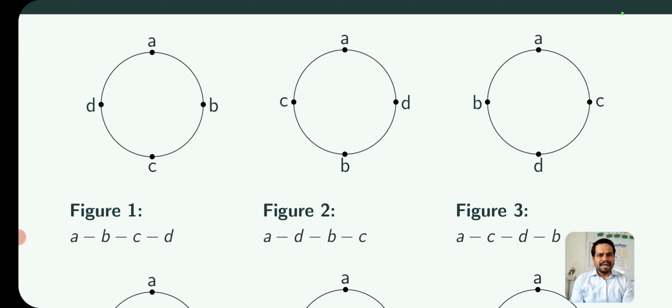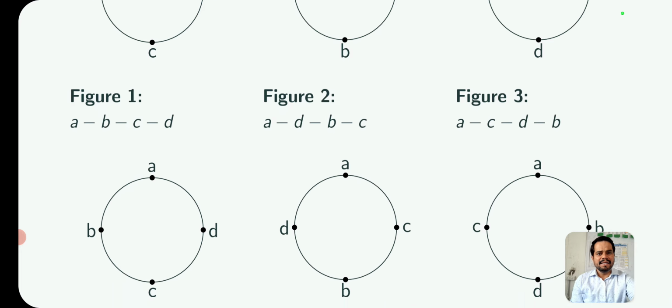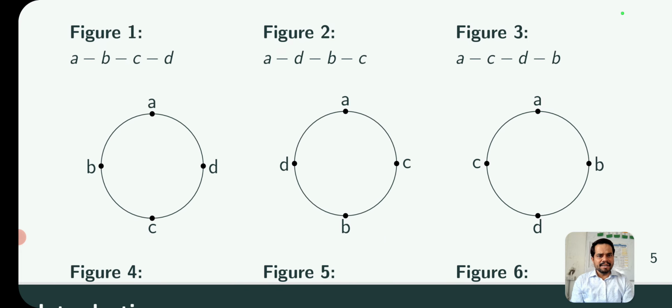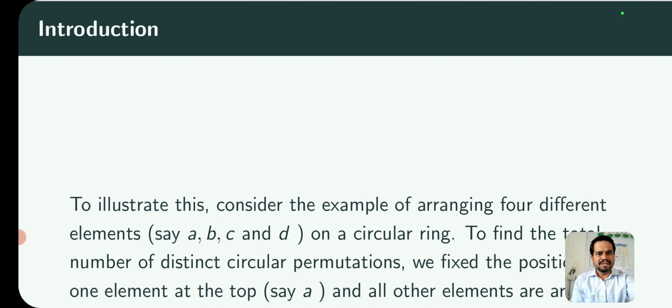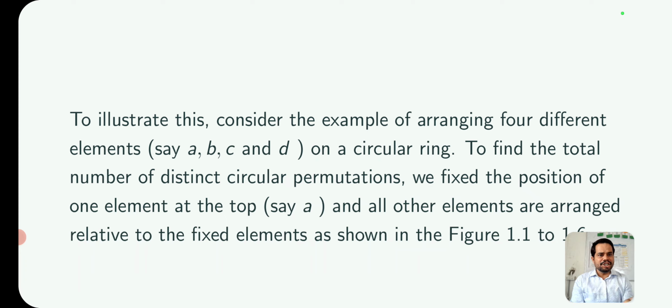In figure 1, the clockwise orientation is A, B, C, D. In the second figure, it is A, D, B, C. After that, A, C, D, B. In figure 4, A, D, C, B. In figure 5, A, C, B, D. And in the last figure, it is A, B, D, C. From these figures, we can illustrate the example of arranging 4 different elements A, B, C and D on a circular ring.